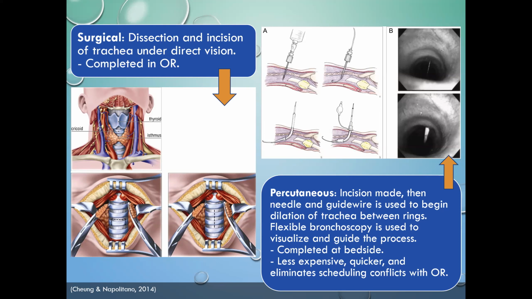So they're kind of looking down there with a camera while they're completing this. And it's completed right at their bedside. So for this reason, it's less expensive, it's quicker, and it eliminates any sort of scheduling complexity with a patient scheduling to get into the OR. Okay, so those are the two ways that a trach can be placed.